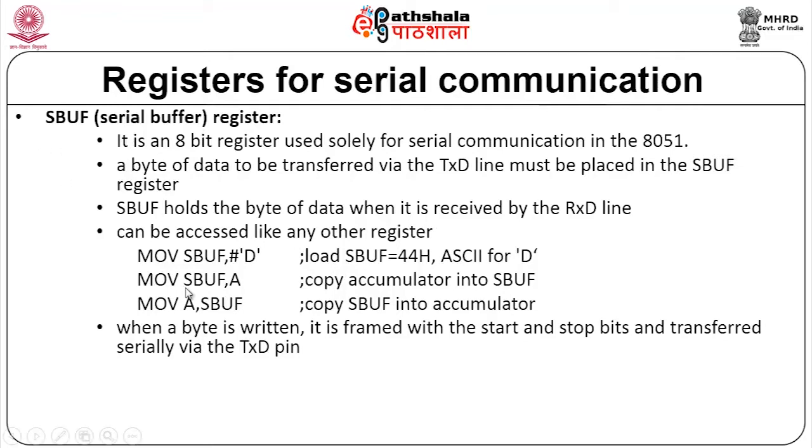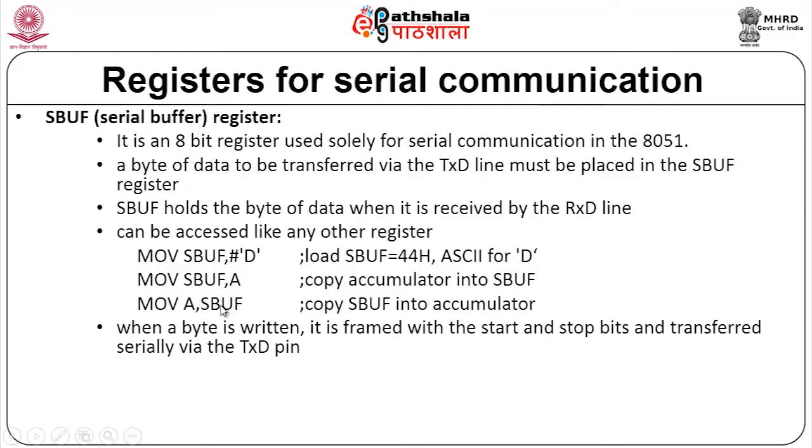So how we will be sending the data is nothing but MOV SBUF, #D. That means hash indicates immediate, D is the data. I am moving D to SBUF. Now from there onwards, I can send the data outside for transmission. If I want to receive data, I will receive the data in A. I will receive whatever is available from outside into the serial buffer. Now in the serial buffer, everything is combined together to make it a word.